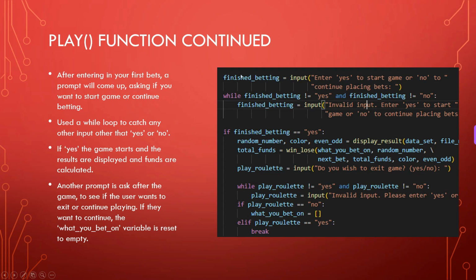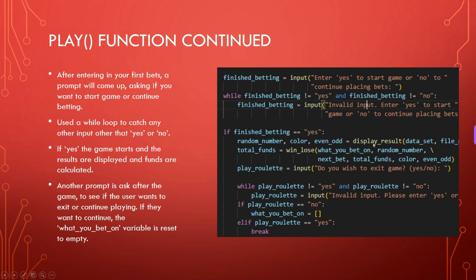This is the continuation of the play function. So after entering in the first bets, as I showed you guys before in the terminal app, it asks if you want to continue playing or start the game. I use the while loop to catch any other input other than yes or no. If yes is selected, the game starts and the results are displayed and funds are calculated.